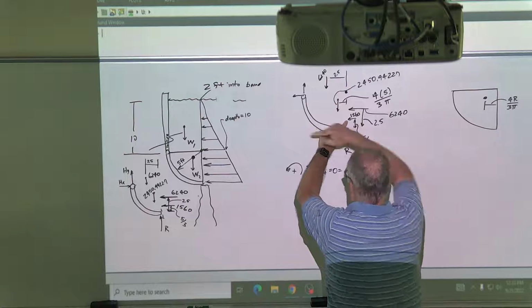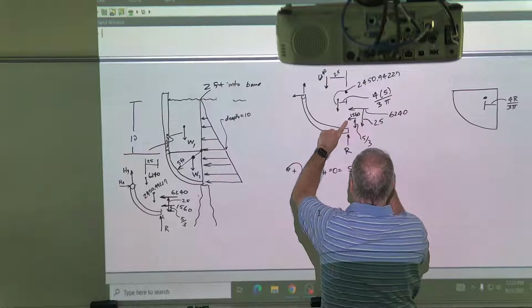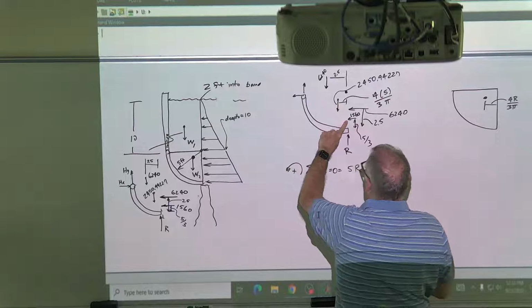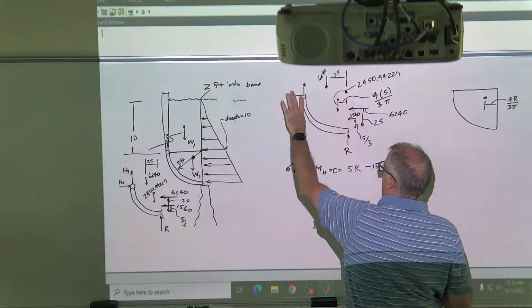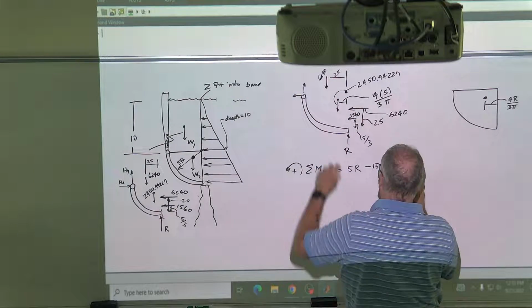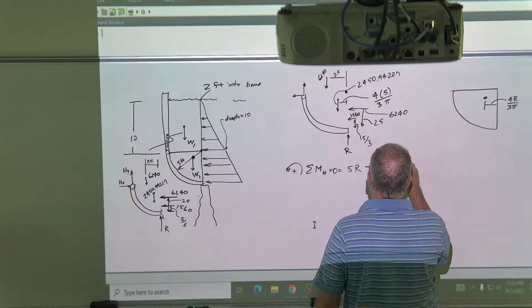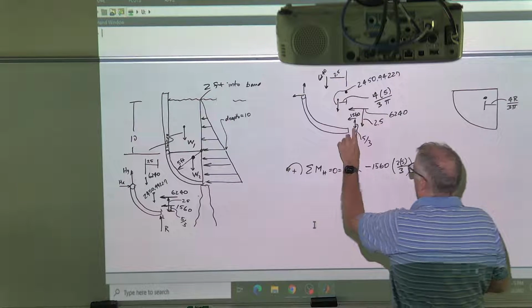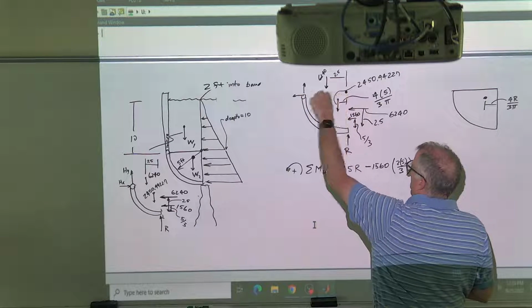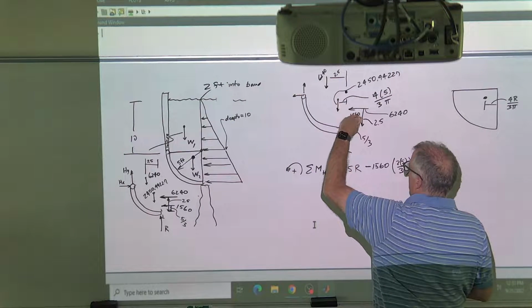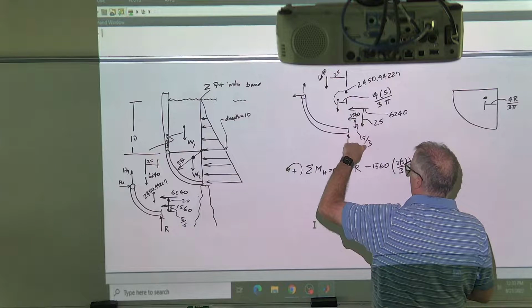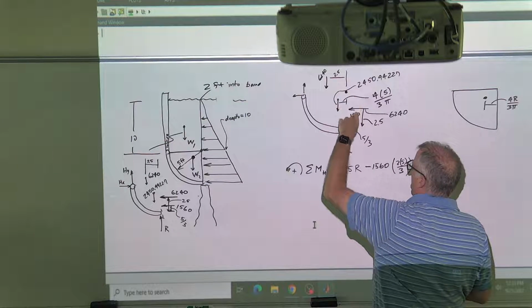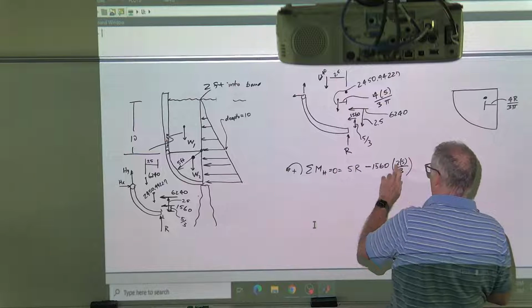It is going the opposite way, 1560. And its parallel distance is 5 minus that. So in other words, the distance from this line down to this force is not 5/3, but it's 2/3 of 5.